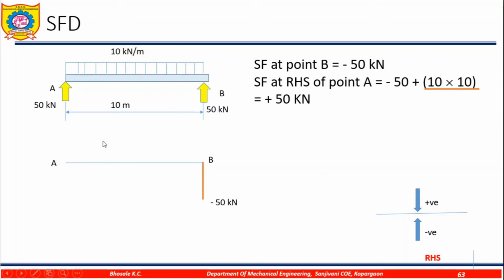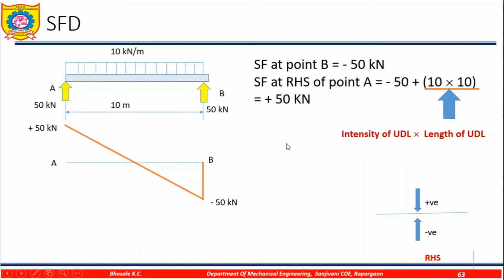So the shear force at the right-hand side of point A is minus 50 plus 100, which is 50 kilonewton. Next we add the reaction at point A and check whether our answer is 0 or not. We got the answer 0, so our calculation is good.